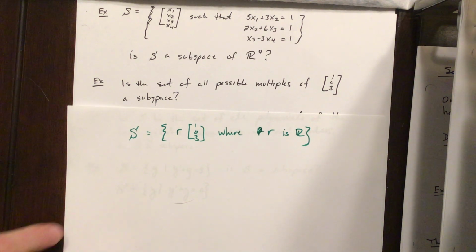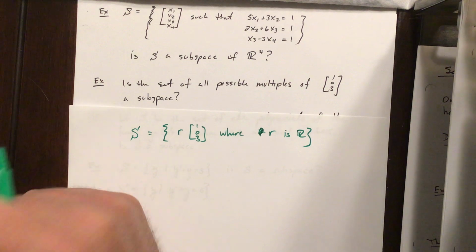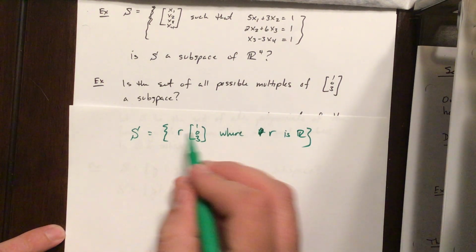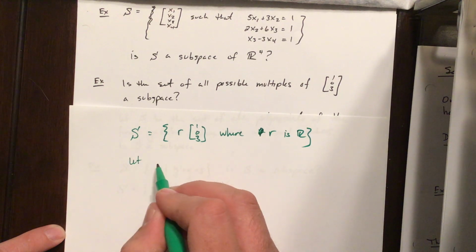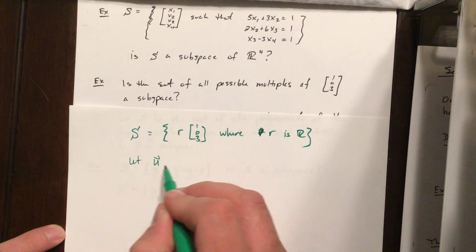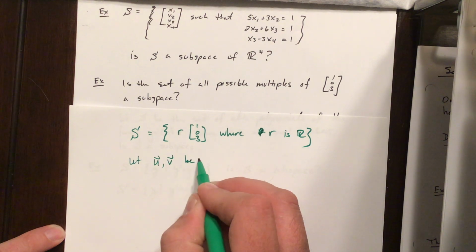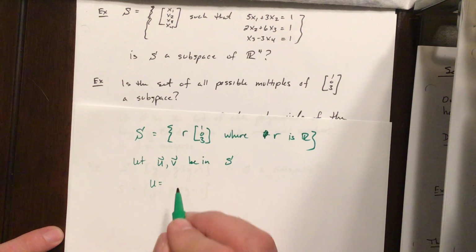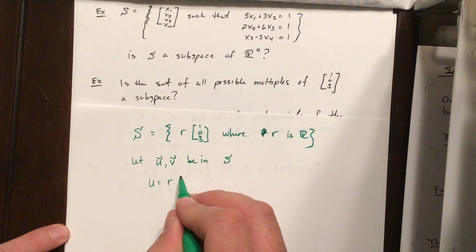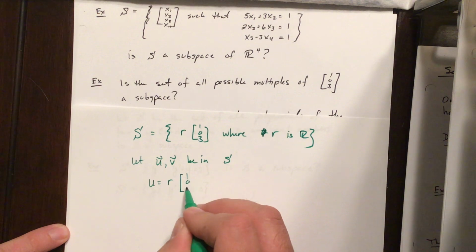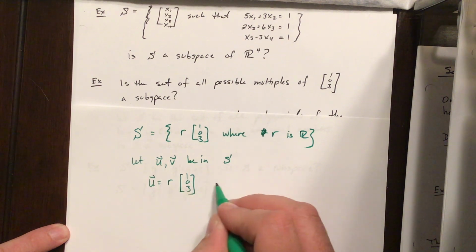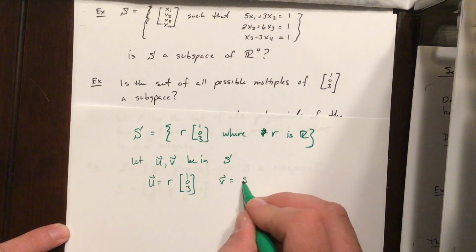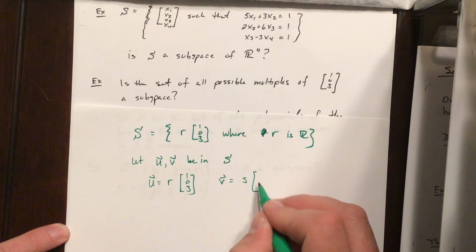I don't have any intuition on this, so I'm just going to pick two vectors. Let u and v be in S. So u is equal to some scalar r times (1, 0, 3), and v is equal to some other scalar, let's call it s, times (1, 0, 3).